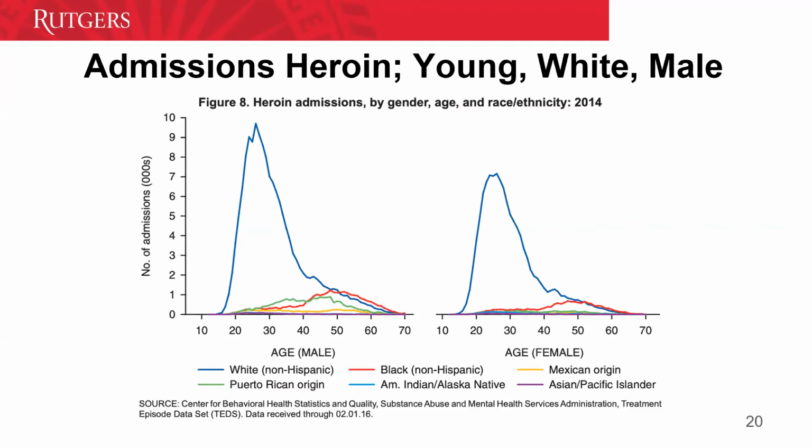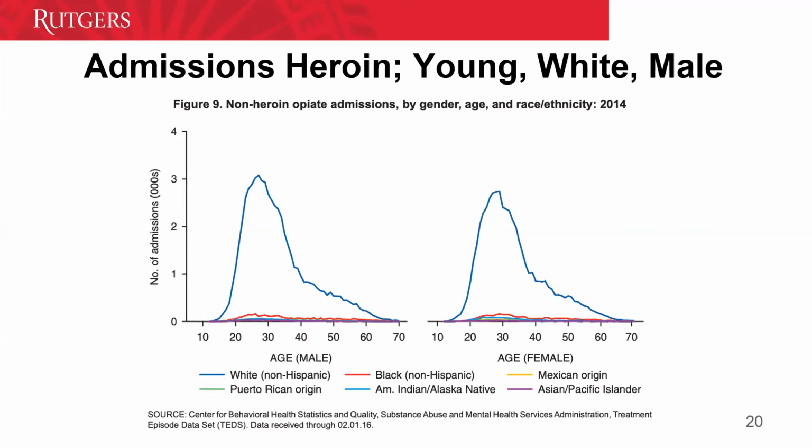And for the most part, among females, it shows the same trend. And heroin usage contributes to a large number of admissions. And moving on to non-heroin opioid admissions, the male-female gap reduces. The largest increase in chronic non-medical use of opioid pain relievers is among people aged 26 to 34 and 35 to 49.